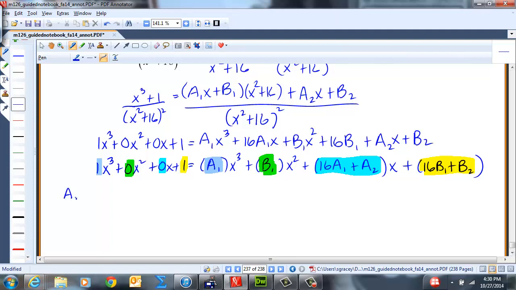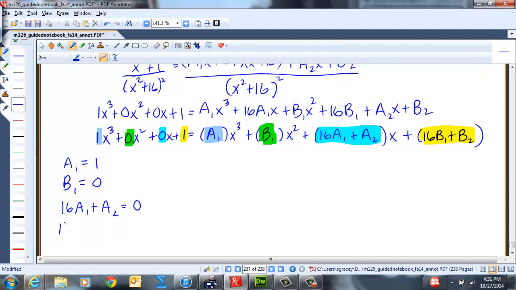So a1 equals 1. That was easy enough. b1 equals 0. Then we have 16a1 plus a2 equals 0. And 16b1 plus b2 is equal to 1.